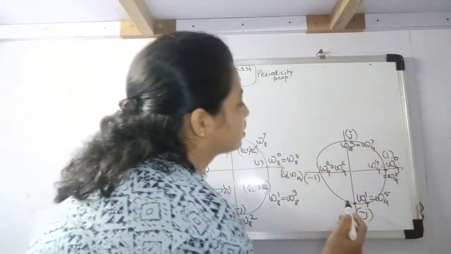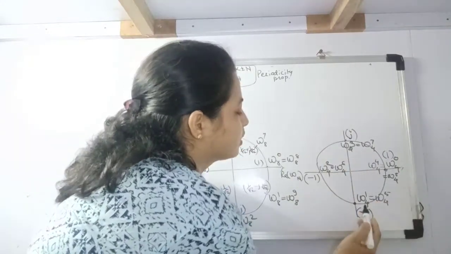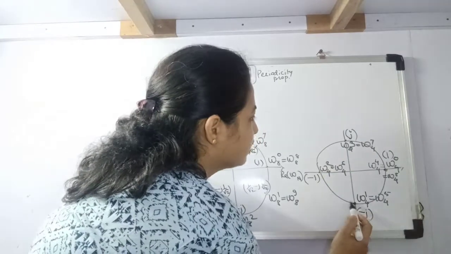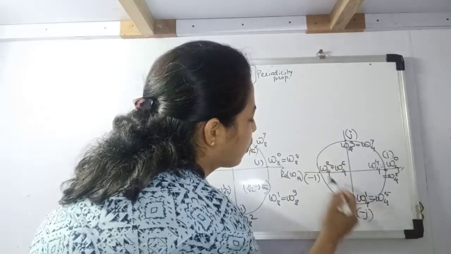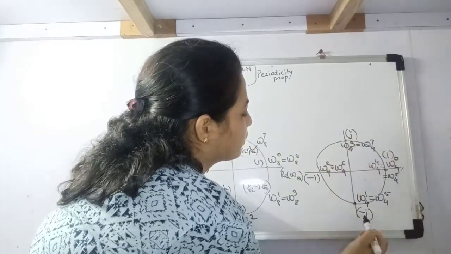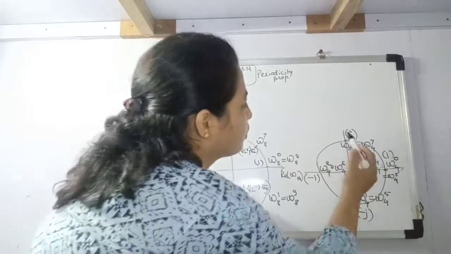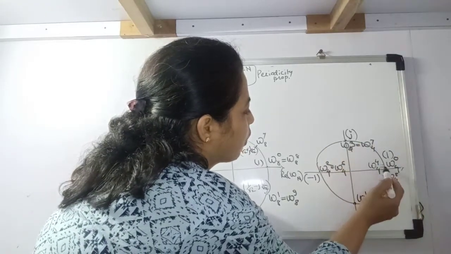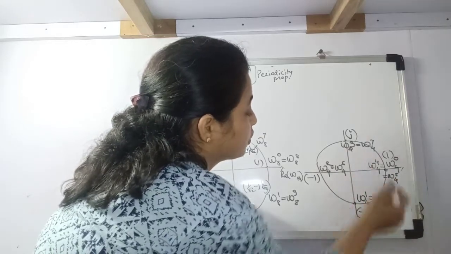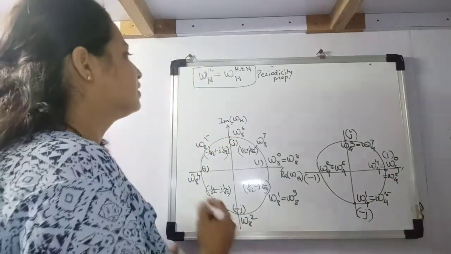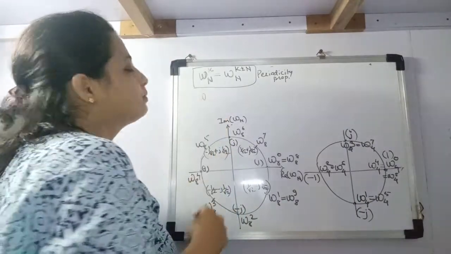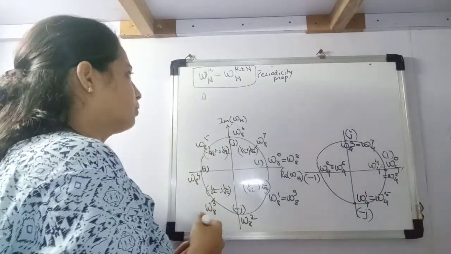In this circle also there are 4 points. If you are traversing by 2 points, you are going to get the negative amplitude. From this point, 1, 2, so this is minus j, this becomes plus j. From plus j if you traverse again by 2 points, 1 and 2, you are going to get minus j like this. This is called the symmetry property. It comes from traveling by half the number of points.